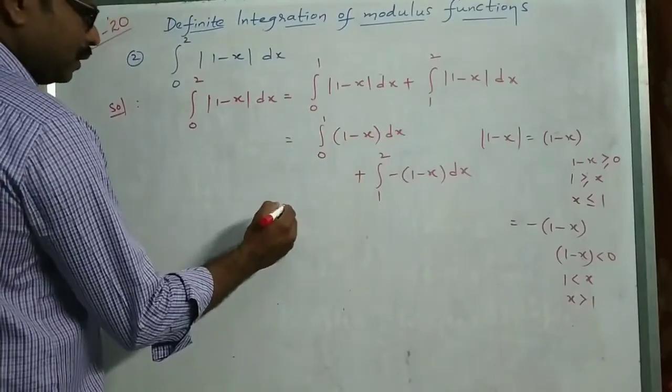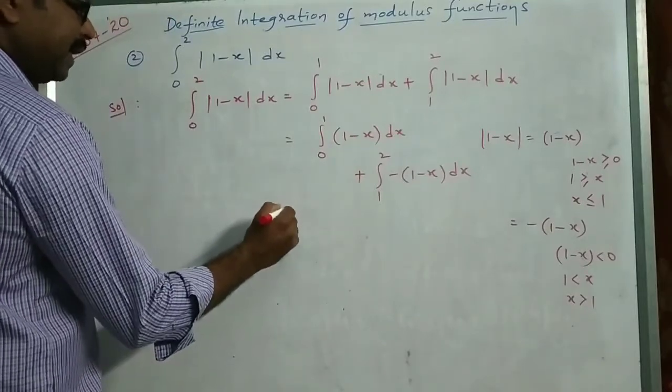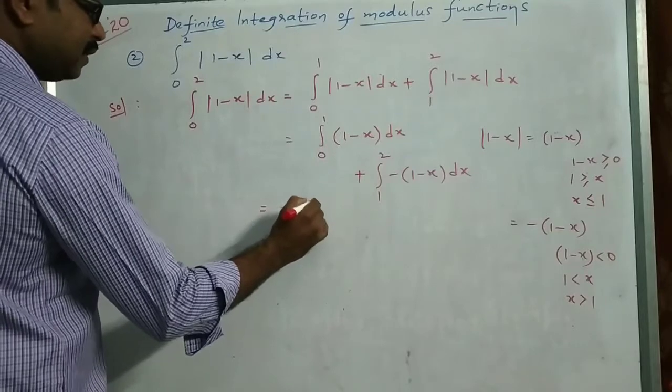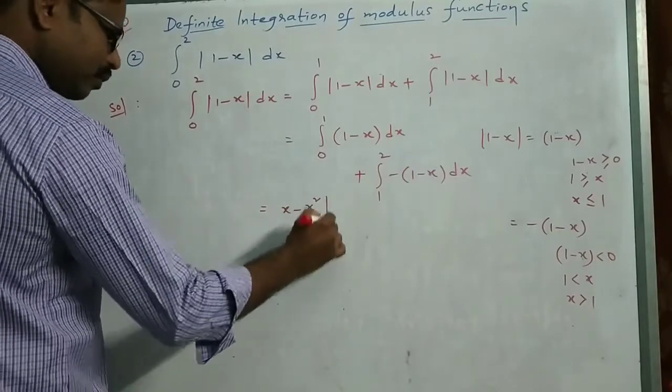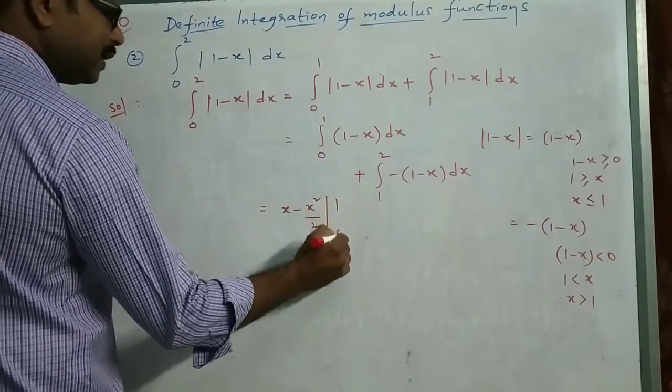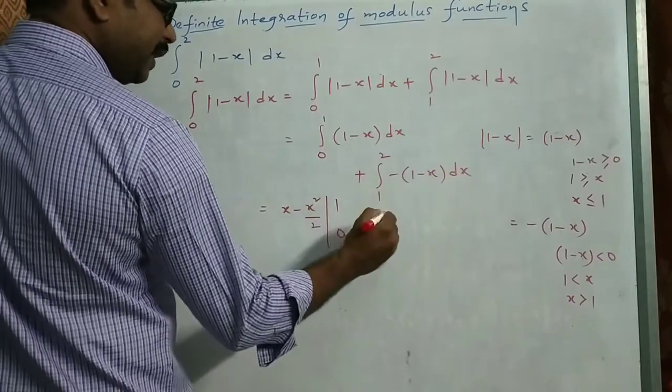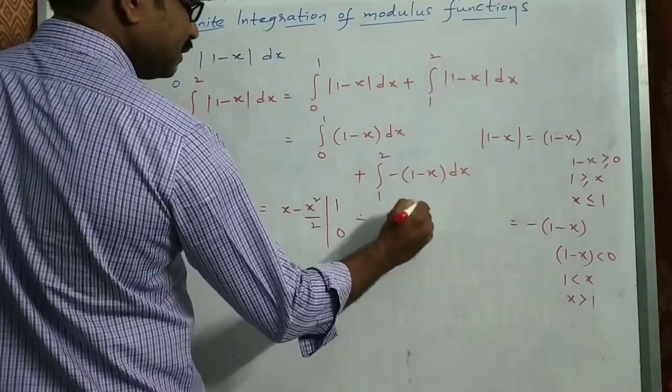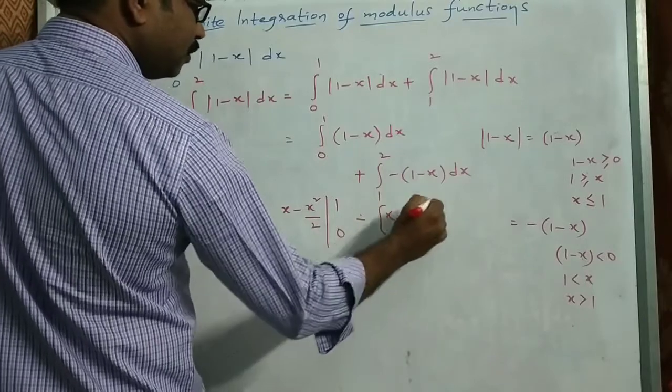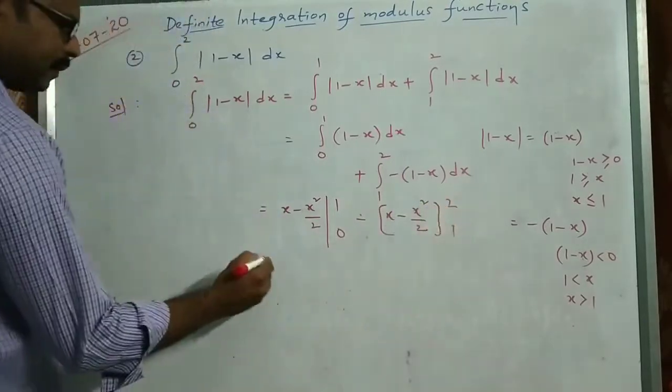Okay? So the integration is x minus x square by 2. What are the limits? 1, 0, plus into minus, x minus x square by 2. What are the limits here? 2, 1.